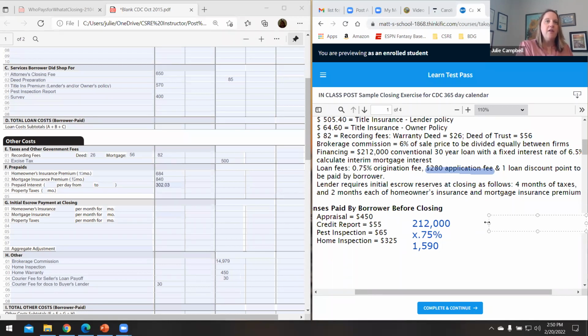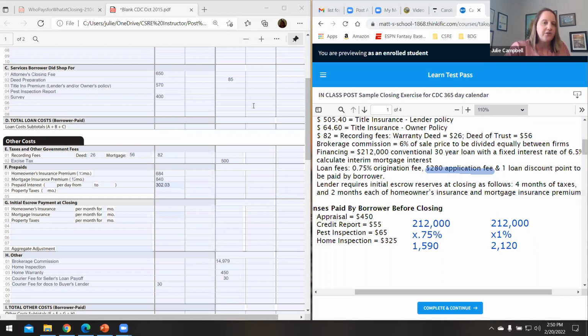Everybody hear what we're doing here? The number of discount points tells you the percentage of the loan. So if you have one loan discount point, it shakes out to 1% of the loan. So I got a loan origination fee, I got an application fee, and I got a discount point.